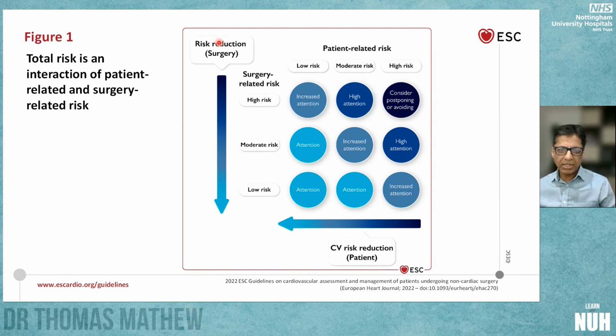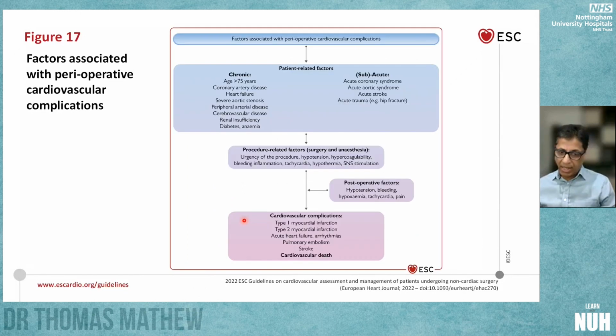And if you can address it from both directions, you can significantly reduce the risk. The outcomes that we're trying to avoid by optimizing treatment preoperatively are primarily myocardial infarction, both type 1 and type 2, acute heart failure, major arrhythmias with hemodynamic instability, and in-hospital mortality.